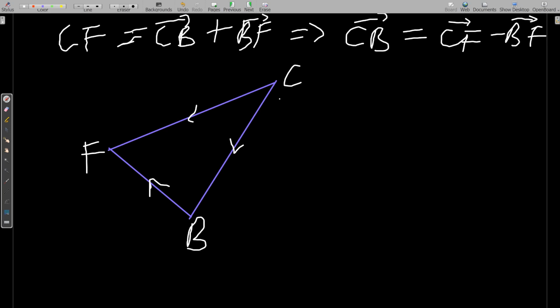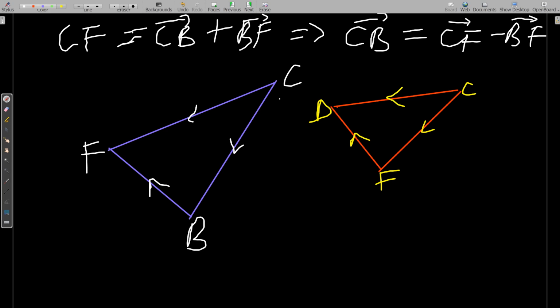I hope you understand. Now let's look at the other side of the triangle, which looks like this. That is F here, D here, and my C is here. So I have CD, I have CF, and FD.